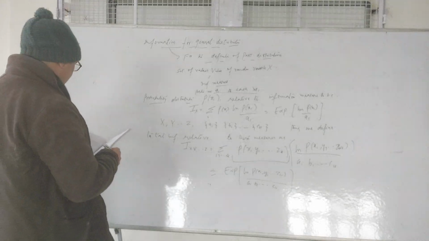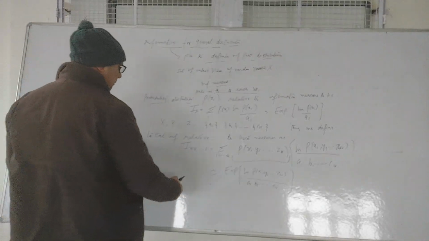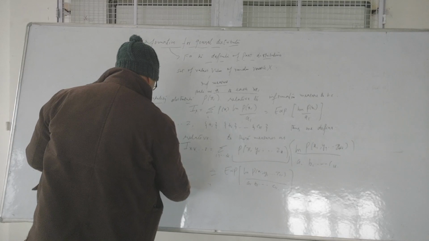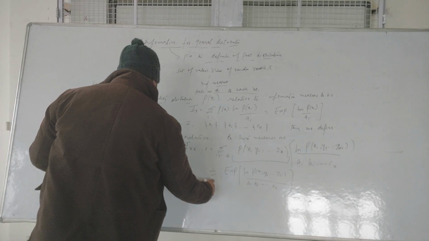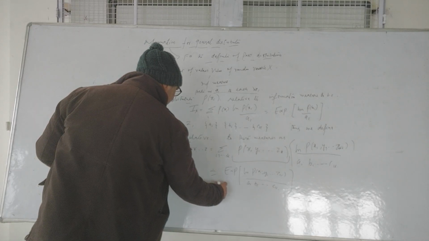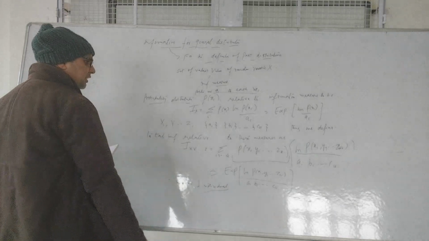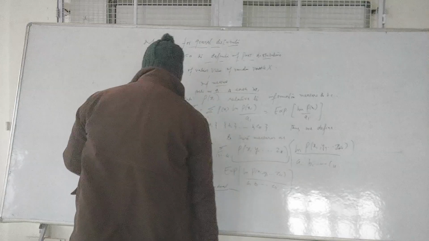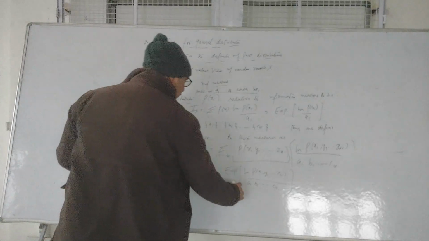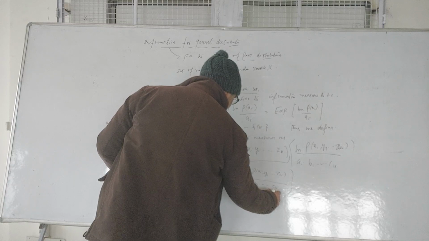So the information measure on the Cartesian product is always taken to be the product of the individual information measures.